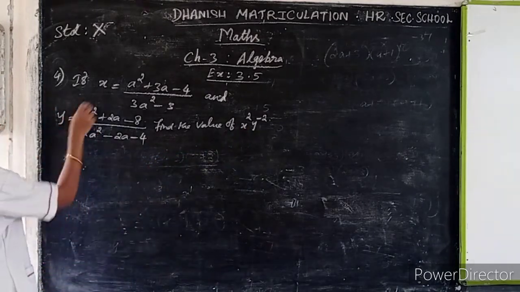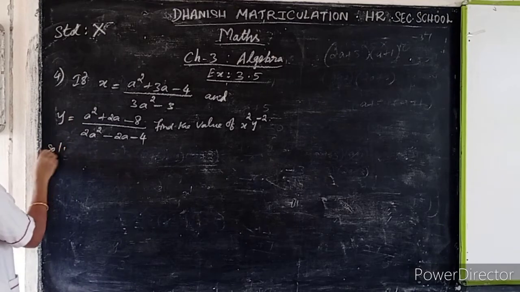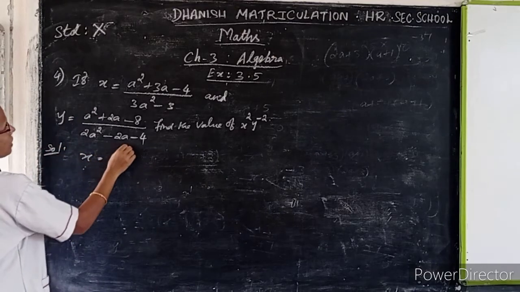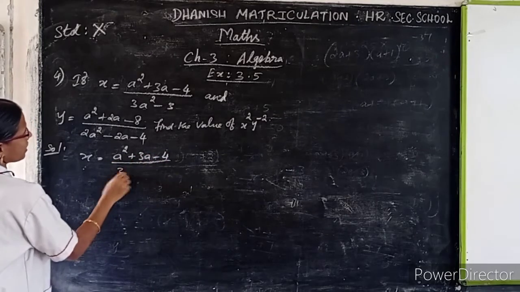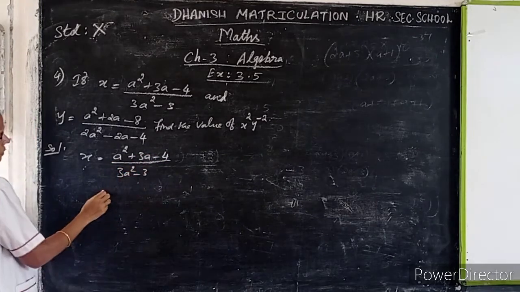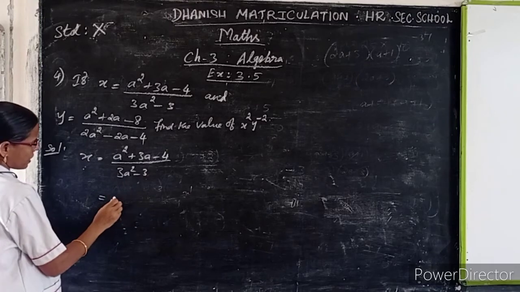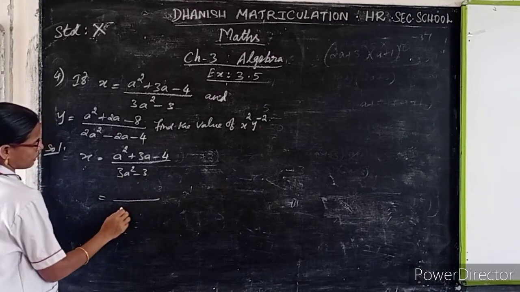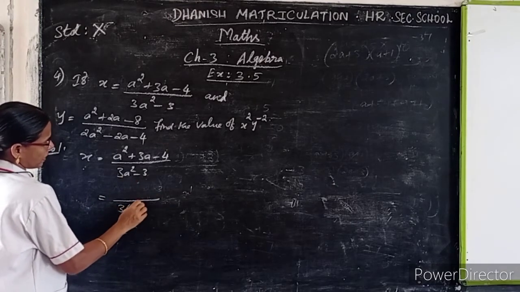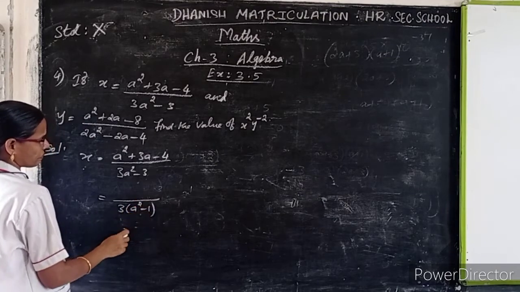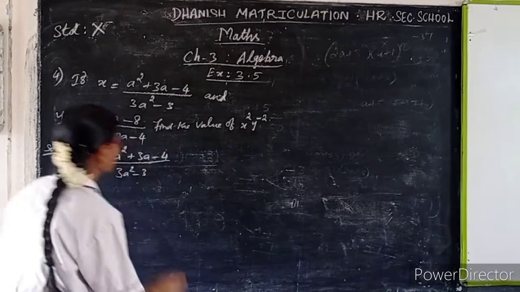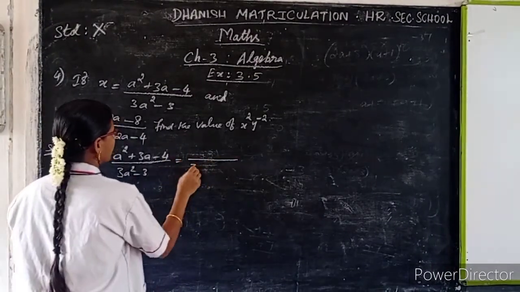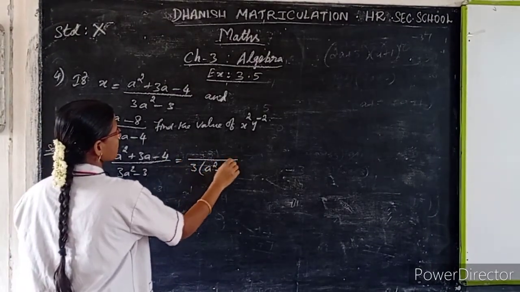So first take x. x is (a² + 3a - 4) divided by (3a² - 3). Here 3 is common in the denominator, so the denominator becomes 3(a² - 1).